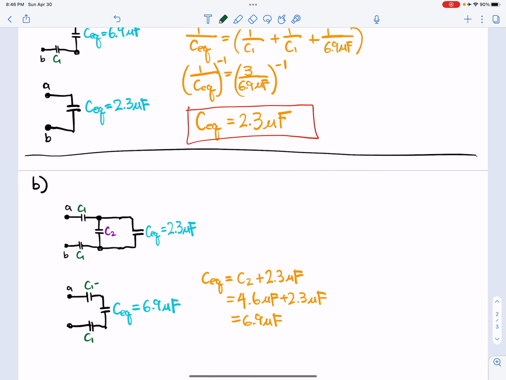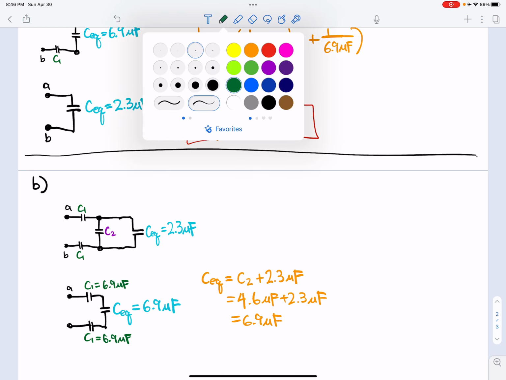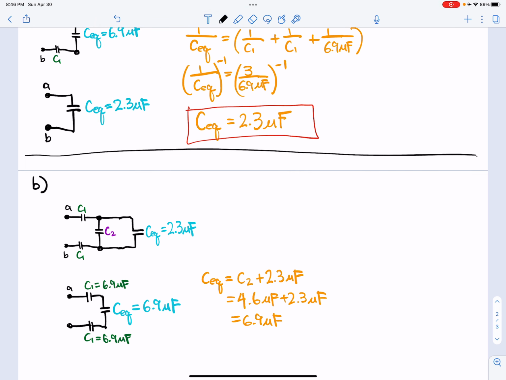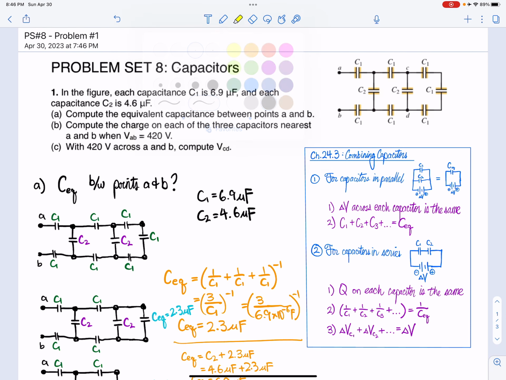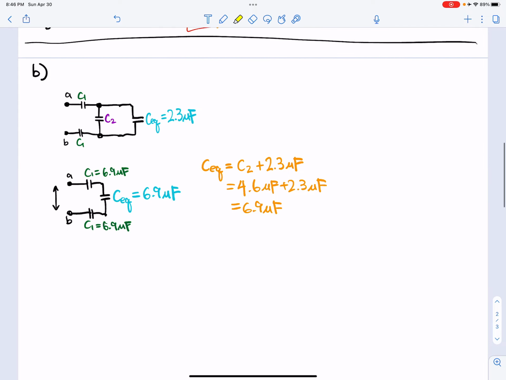C1, obviously, is equal to 6.9 microfarads, that was given in the problem. And VAB is 420 volts, right? So I know that the voltage here is 420 volts. Actually, I could just write that down. So delta V equals 420 volts.